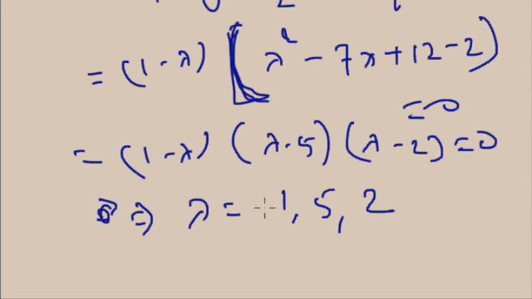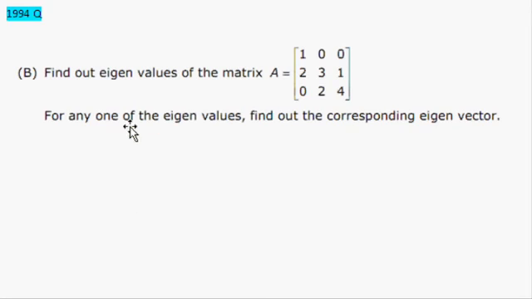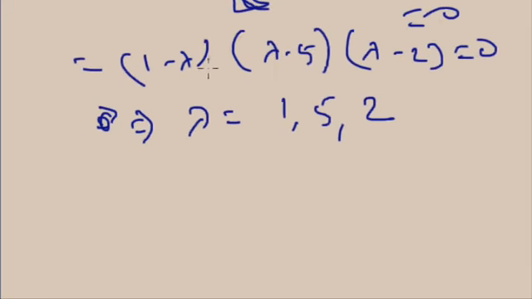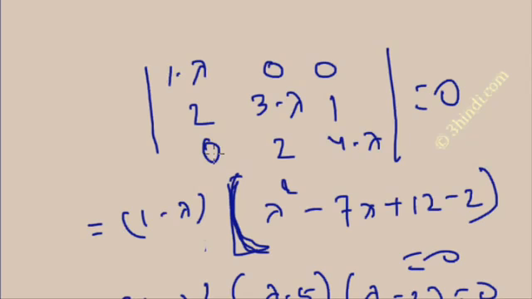So 1, 5, 2 are the eigenvalues. The question asked is, for any one of the eigenvalues, find the corresponding eigenvector. So I am choosing the first, lambda equal to 1, and I will find the eigenvector for the corresponding matrix.